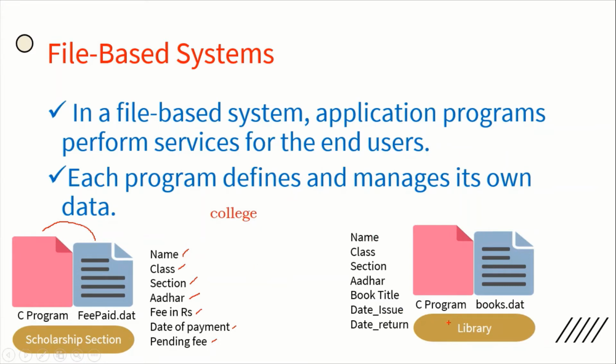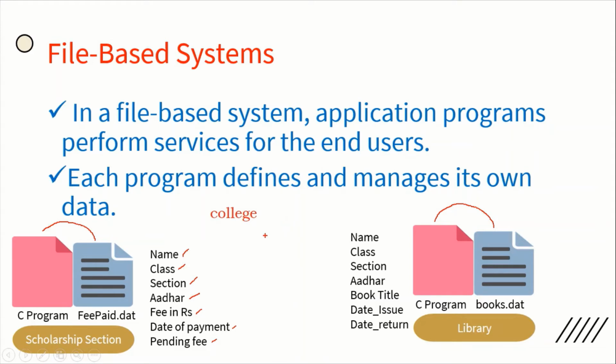Similarly, in the library, they are also storing information like your name, class, section, Aadhaar number, book title, date of issue, and date of return. They are storing the information in a data file. Then to work with this data file, they have another C language program. Have you observed these two sections, library section and scholarship section? They are storing the details of students.